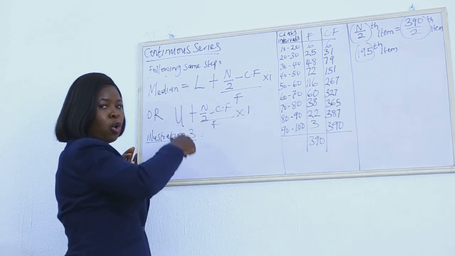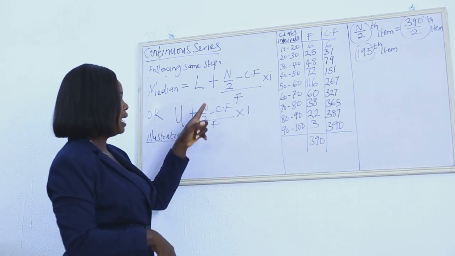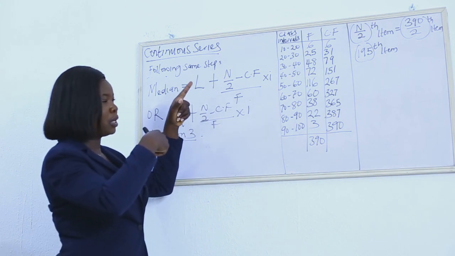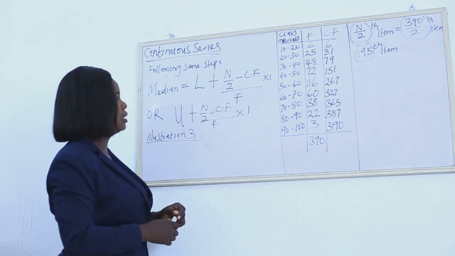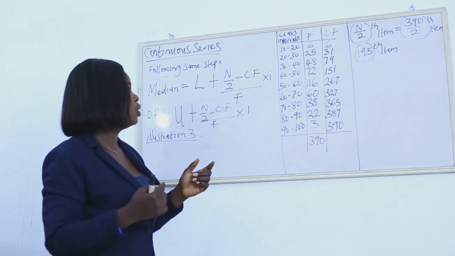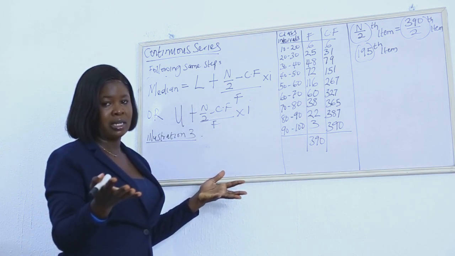L means the lower class interval of the modal class. Then n over 2, like I said in the previous method, some authorities have said that once n is even, you don't need to add 1.